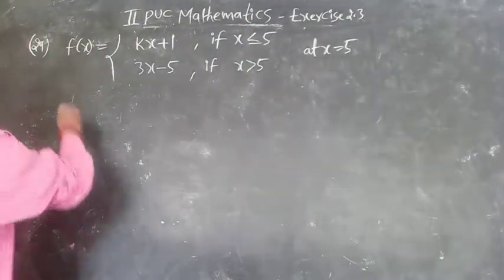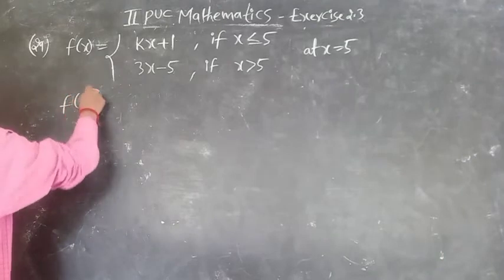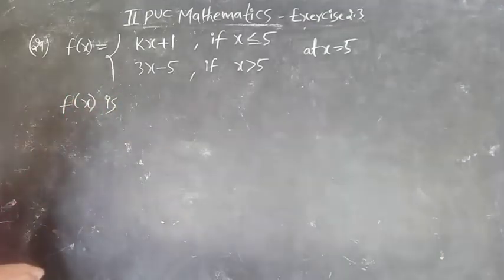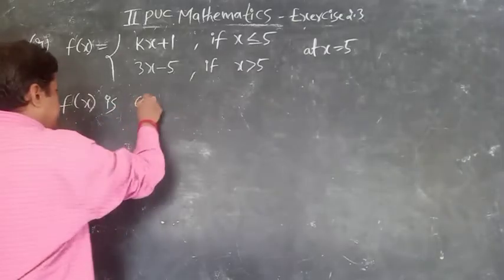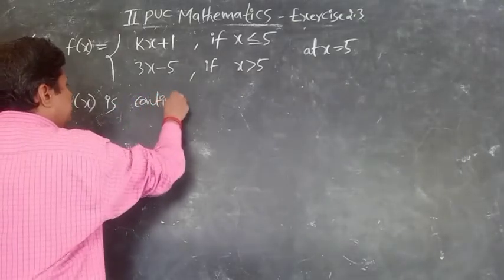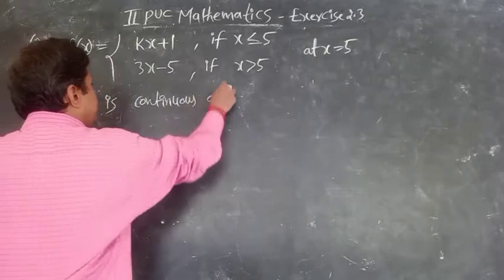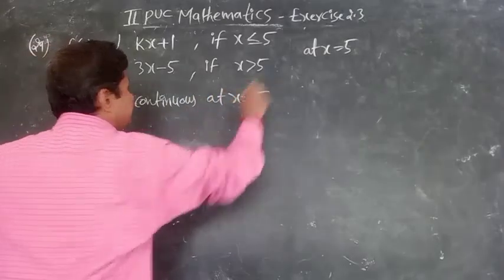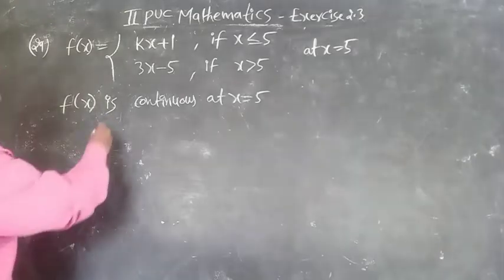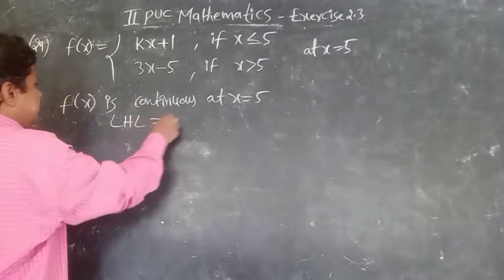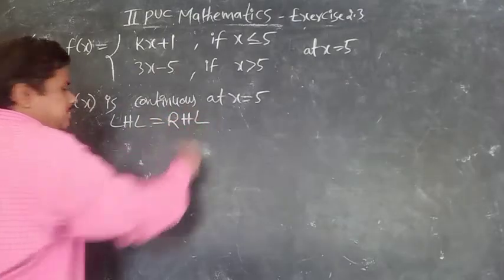See, what is the first condition? f of x is continuous at x equals 5. What is the condition you have to use? LHL is equal to RHL.